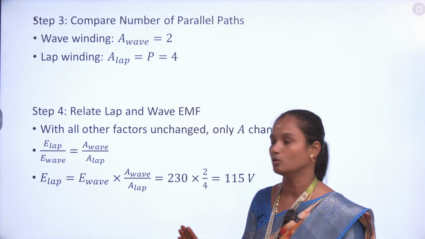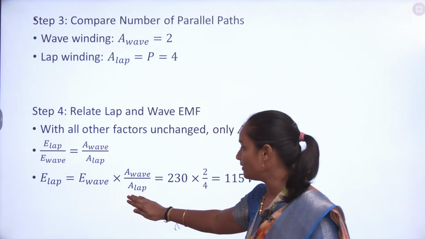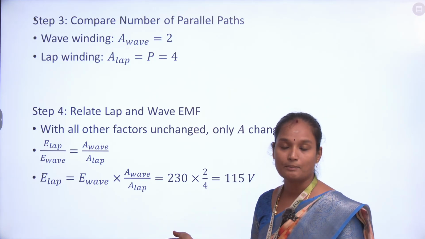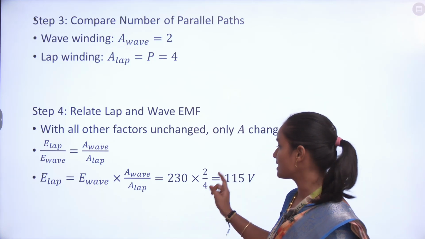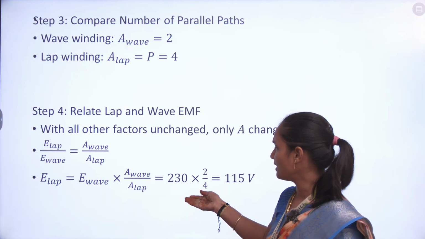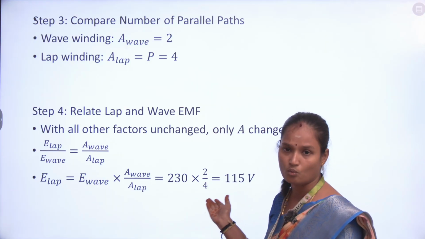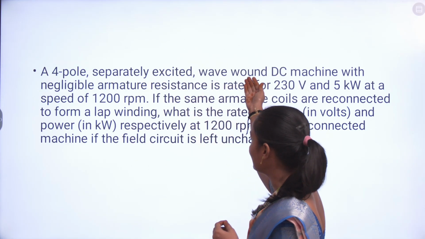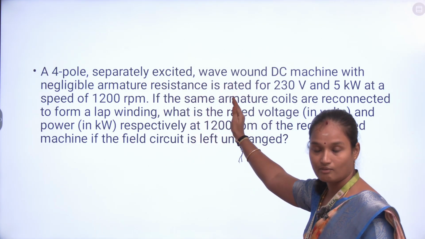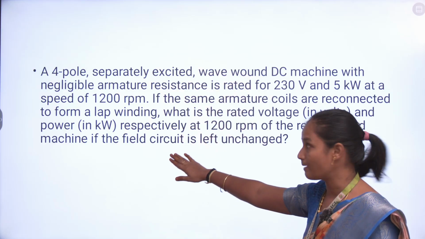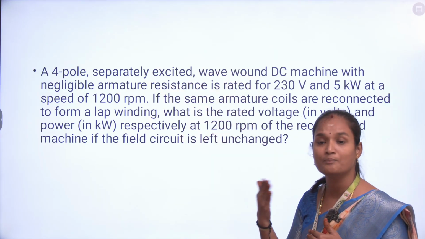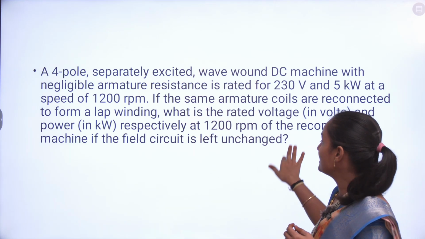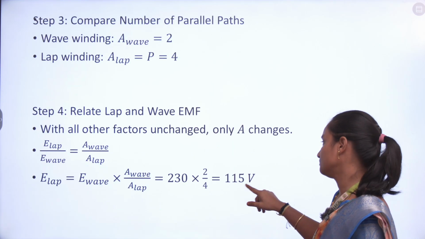We substitute 2, and A lap is the number of parallel paths, which will be 4. Therefore, substitute 4 and if you divide, we will be getting 115. So obviously, if we connect the wave winding into the lap winding, the voltage is going to be divided. 230 is divided by 2. That is why we got 115.